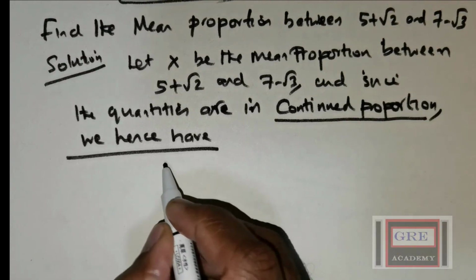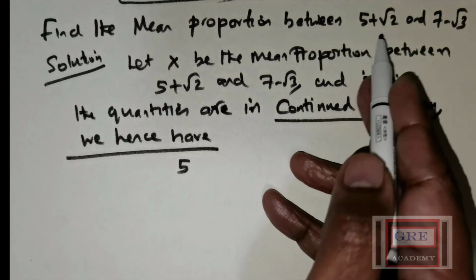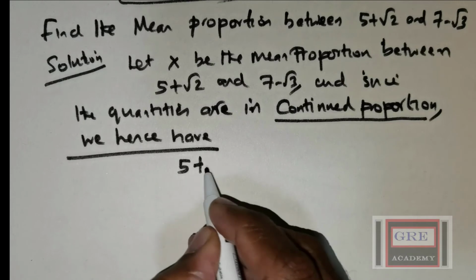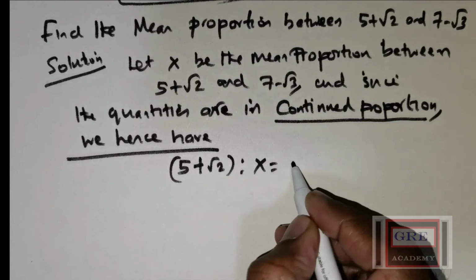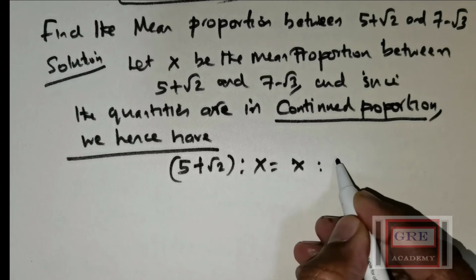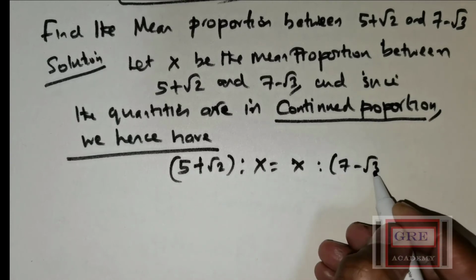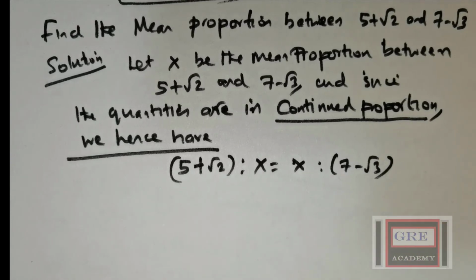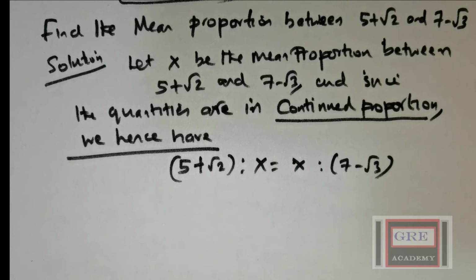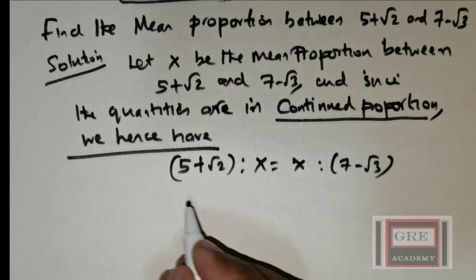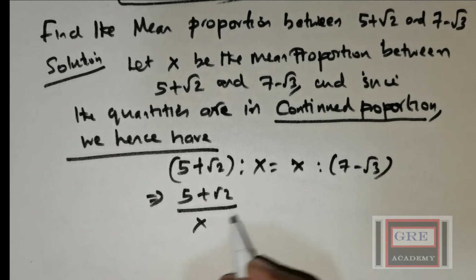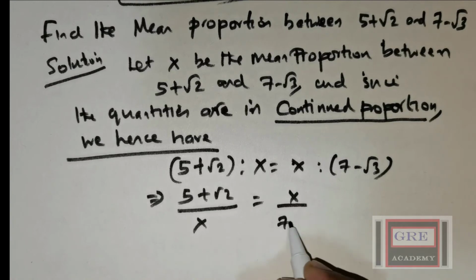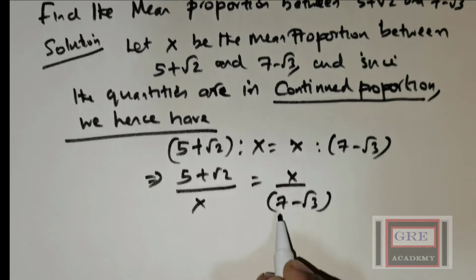Because of this fact, we can write the given proportion as 5+√2 is to x is equal to x is to 7−√3. So we have this important continued proportion ratio. Now I can further rewrite this as (5+√2)/x equal to x/(7−√3).